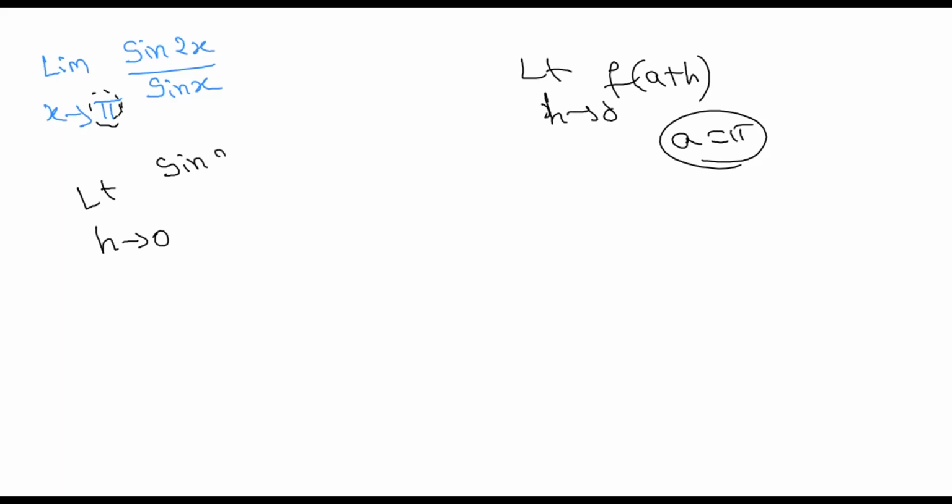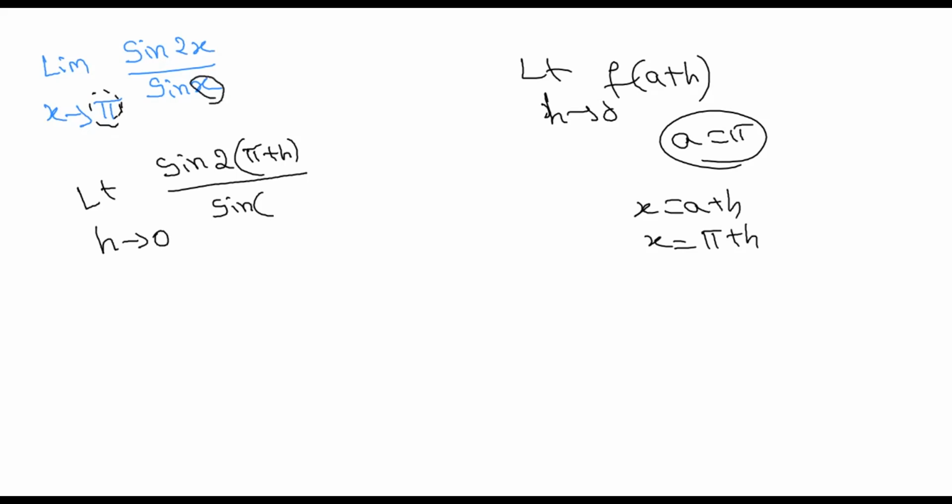Sine 2 into, so instead of x, what you will get? a plus h, that is pi plus h, correct? Sine of 2 into pi plus h by sine of pi plus h. Now we just calculate limit h tending to 0.